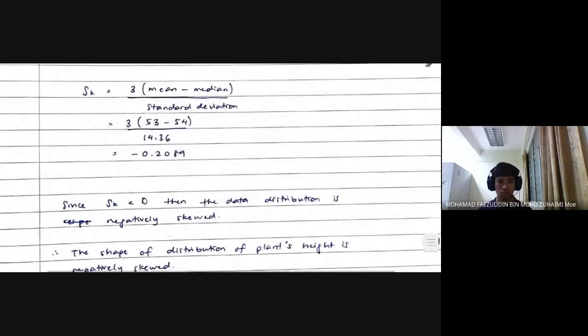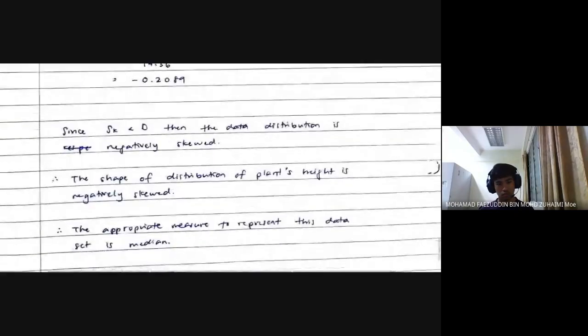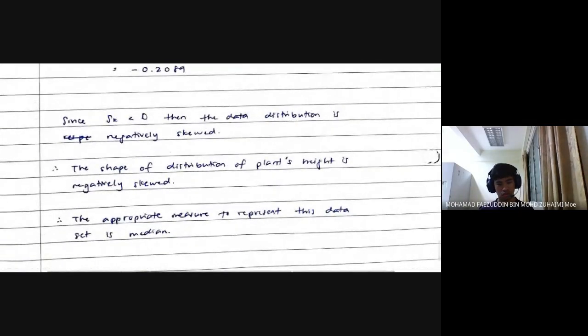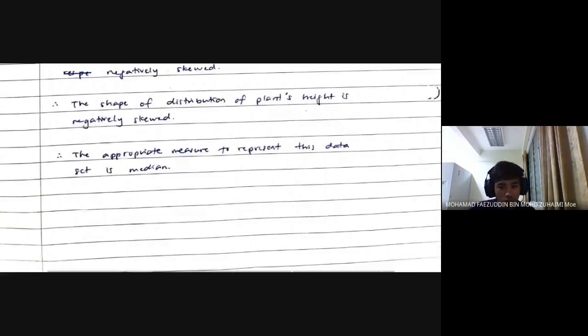So to find the SK is equal to 3 times mean minus median over standard deviation. We substitute the data again, so we got the SK is equal to negative 0.2089. So since the SK is lower than 0, then the data distribution is negatively skewed, and the shape of distribution of plant height is negatively skewed. So the appropriate measure to represent this data set is median. Okay, I think that's all for question B1 and B2.